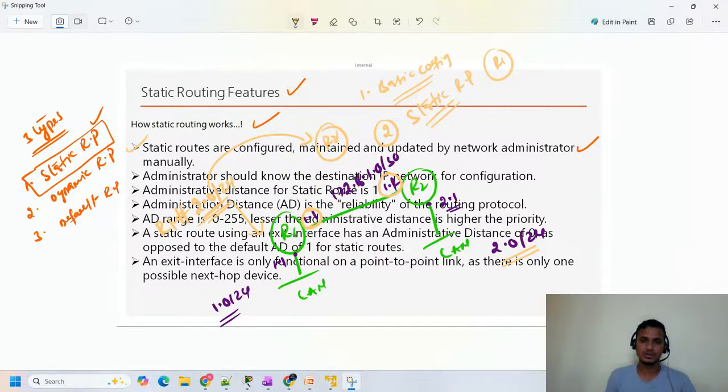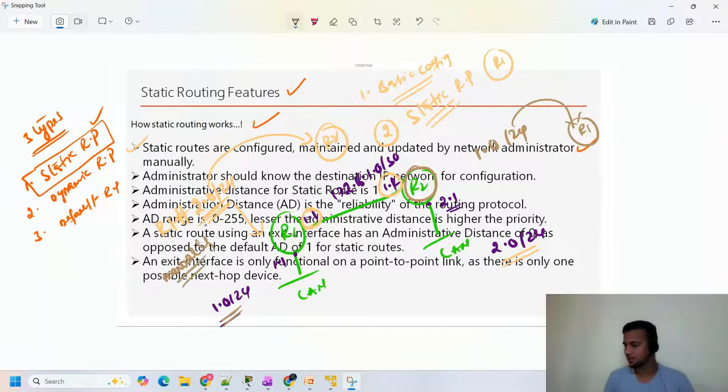Likewise, router 2 also doesn't know about the 1.0/24 network, so you need to specify that to reach the 1.0/24 network, you have to go to R1. You need to specify it in router 2's configuration. That is manual configuration.